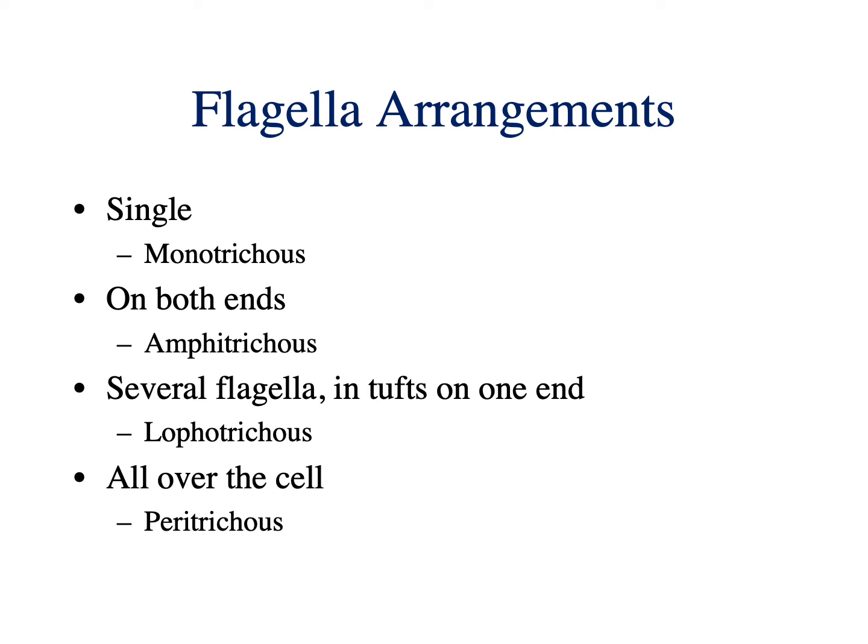If it has a tuft of flagella, several clumped together on one end of the bacteria, it is lophotrichous. If the flagella are all the way around the bacteria, then it is peritrichous, around. Flagella arrangements can be in all of these different forms, and you need to be able to identify each one.